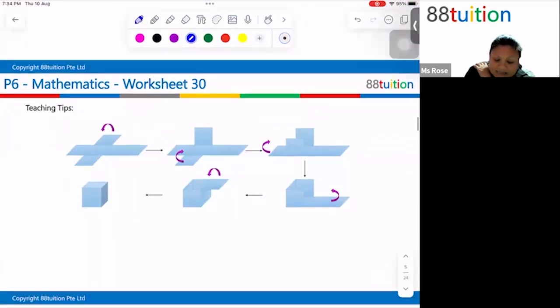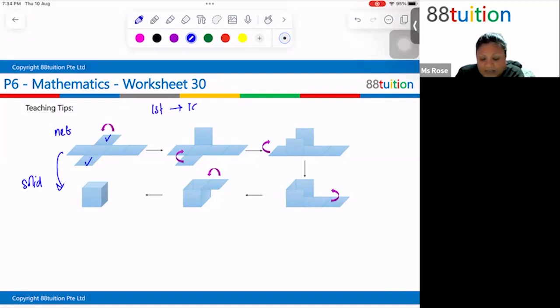Now, from a net to give you a solid, what happens here? You must first identify the base.